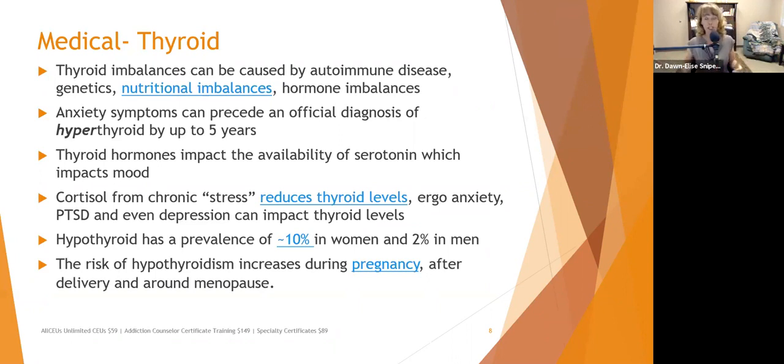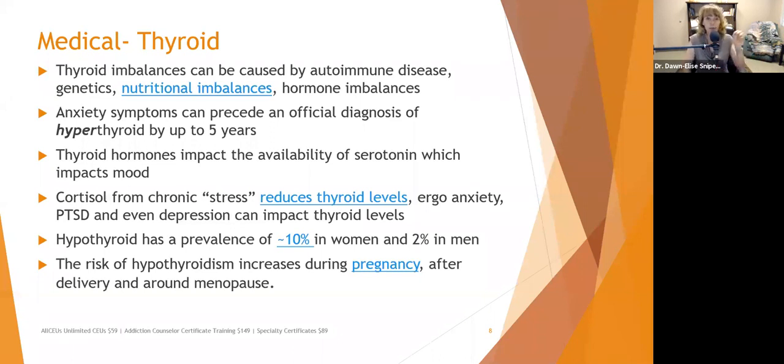Who knew? So if we're following that chain backwards, when we're talking to the client, we might find out that yes, they went to the doctor, they got a test, they've got low thyroid. What's causing that? Well, poor nutrition or something else.